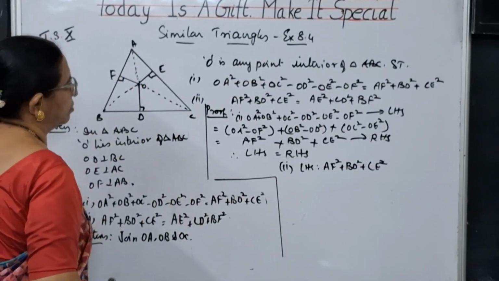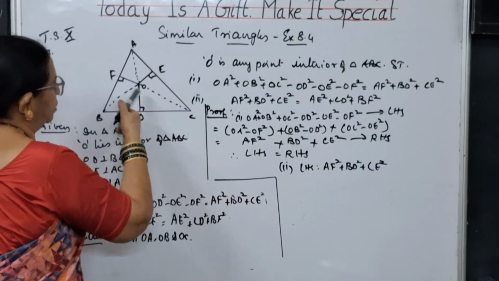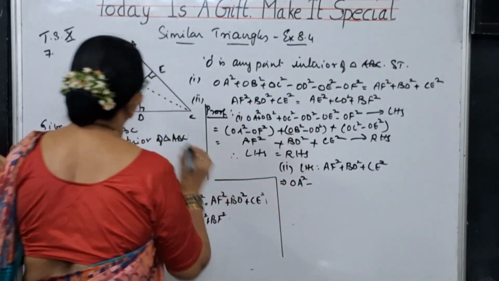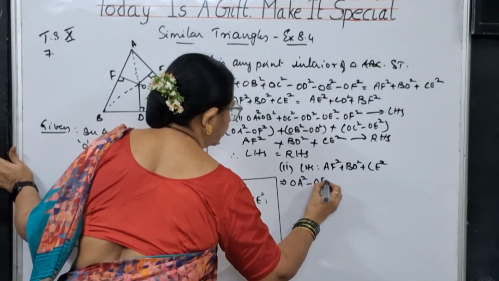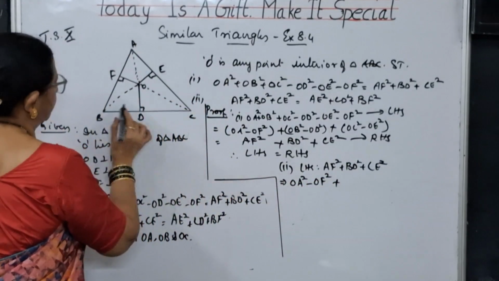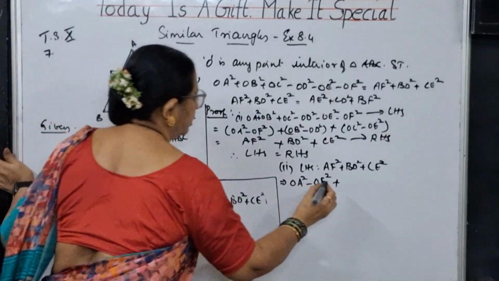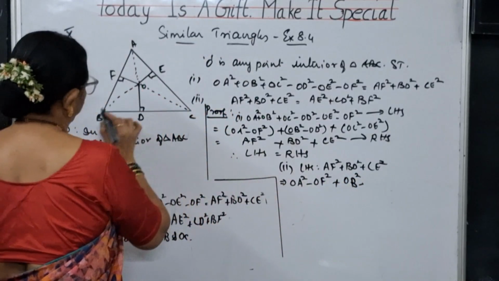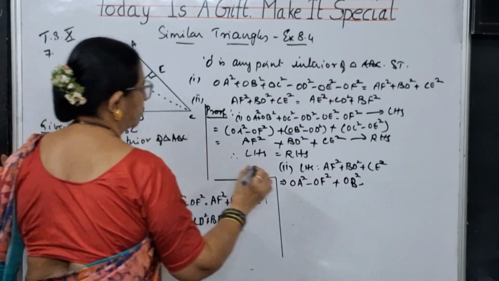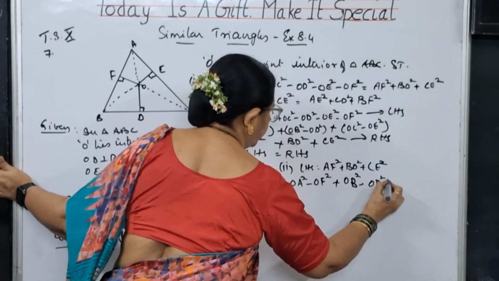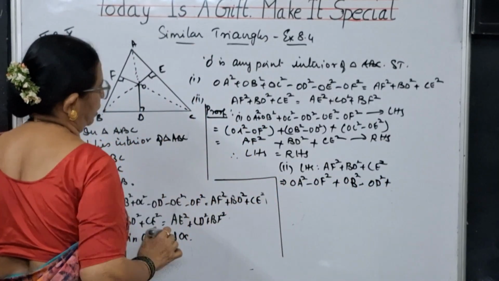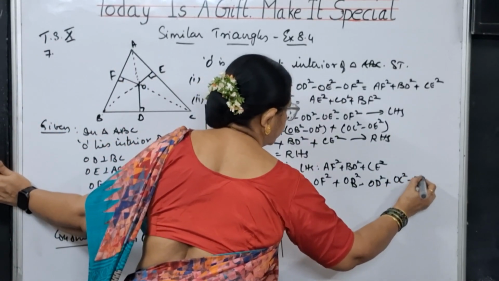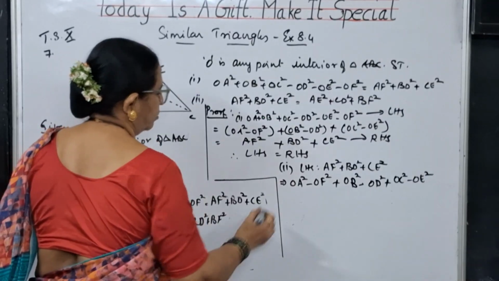AF square means OA square minus OF square. This implies OA square minus OF square plus BD square, OB square minus OD square, plus CE square. CE square is nothing but OC square minus OE square.